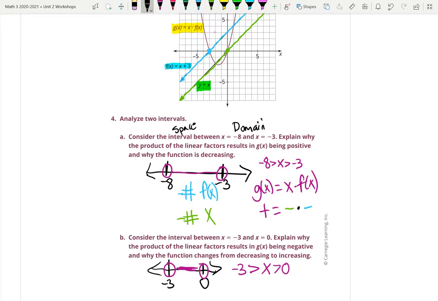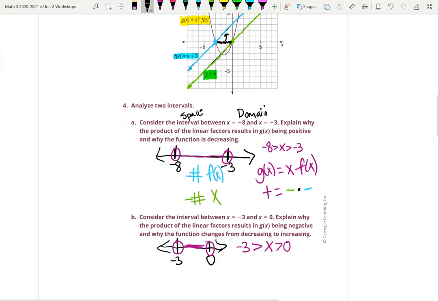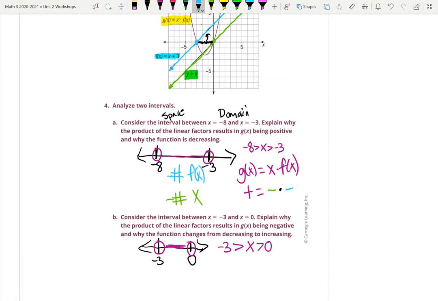Notice in the region between -3 and 0, notice how the blue equation is above the x-axis. The blue equation is a positive number. Notice below the x-axis is the green equation, meaning a negative number for x.